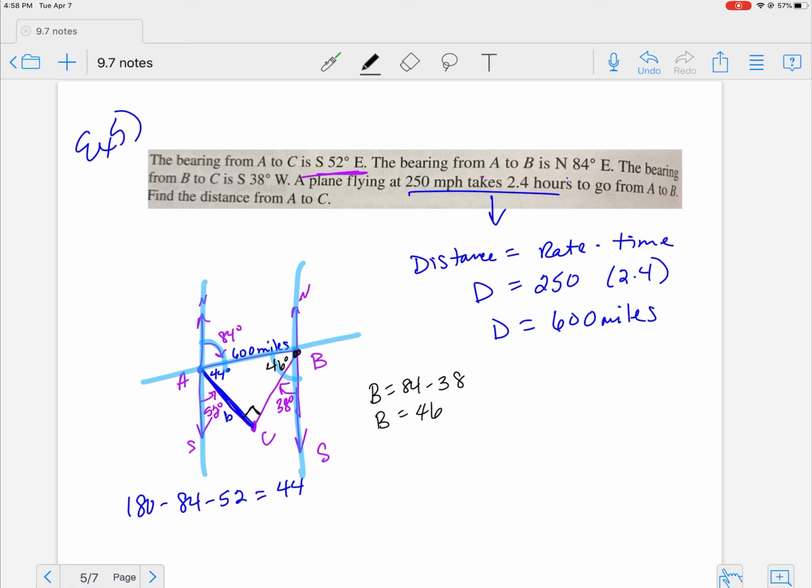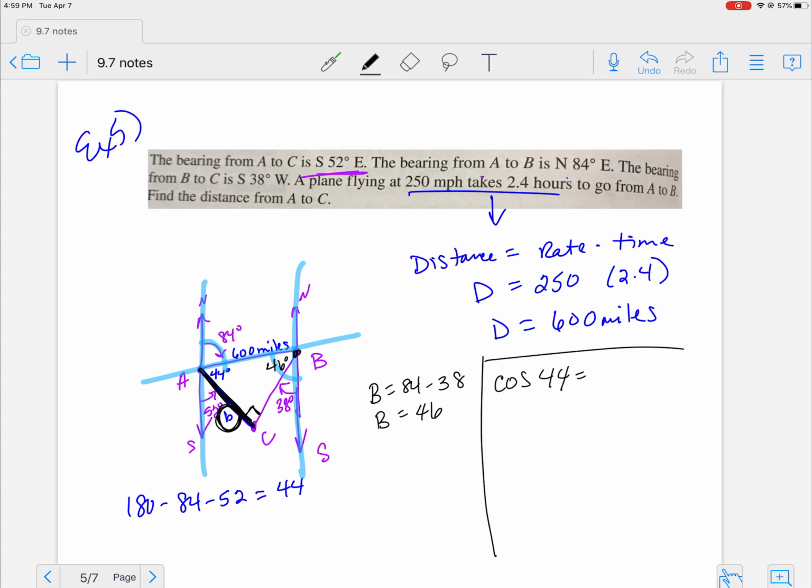You are not told up front, oh, this is right triangle trigonometry. Not every single triangle out there is a right triangle. You have to show that this is a right triangle. And as soon as you figure out that it's a right triangle, then you can start using your right triangle trig. So my goal here is still to find this side length. This is B. This is my goal, that distance from A to C.